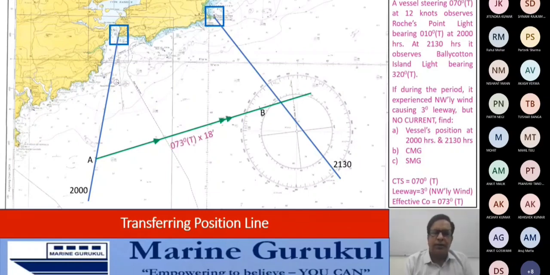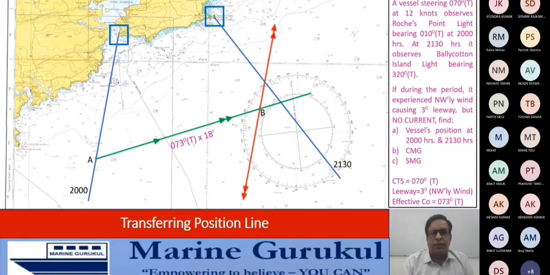So point A, as already explained, is transferred to point B. In the previous discussion, where there was no wind, it was a 070 degrees true into 18 miles track. This time it is 073 degrees true into 18 miles. Point B is the point to which A is transferred.